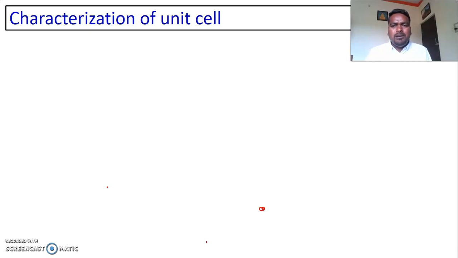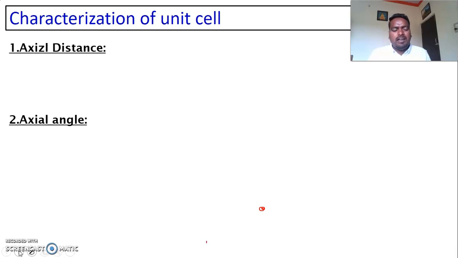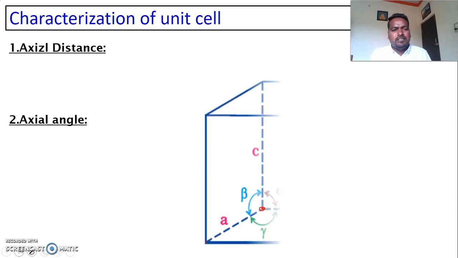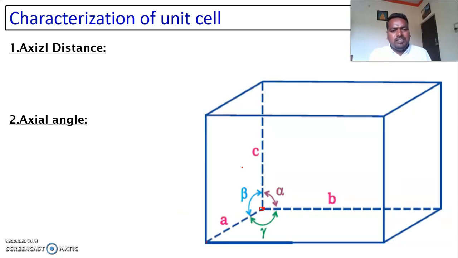Like that, the properties of a unit cell can be described by using two parameters. They are axial angle and axial distance. Axial distance means, let us consider this cubic unit cell.